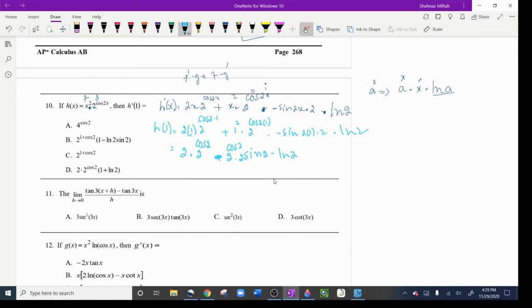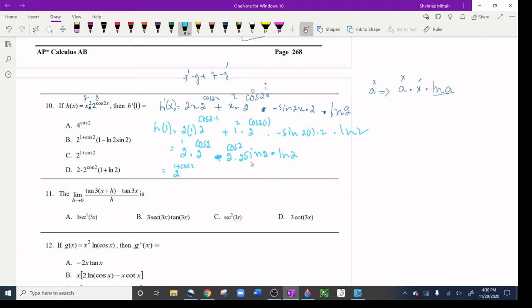So let's try. This one, I can simplify it further since the bases are exactly the same. The exponents should add, so I'm going to have 1 plus cosine 2. Then this is minus, and this is also times. I don't have any other bases up here.